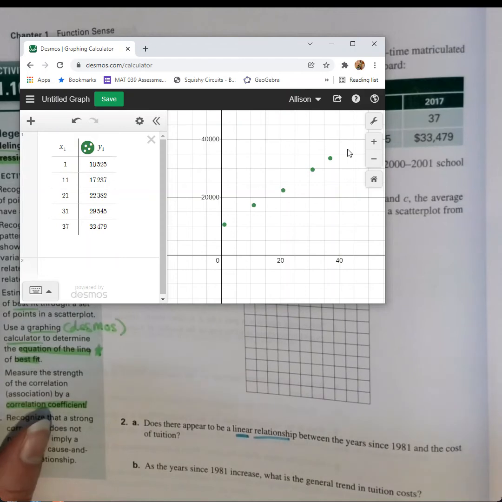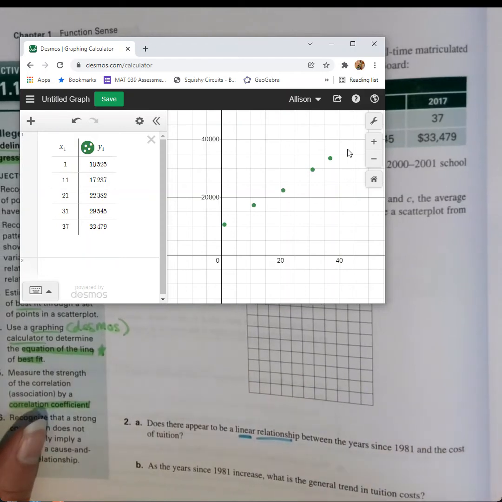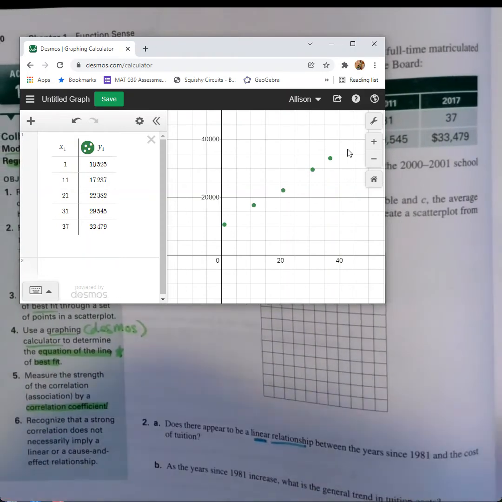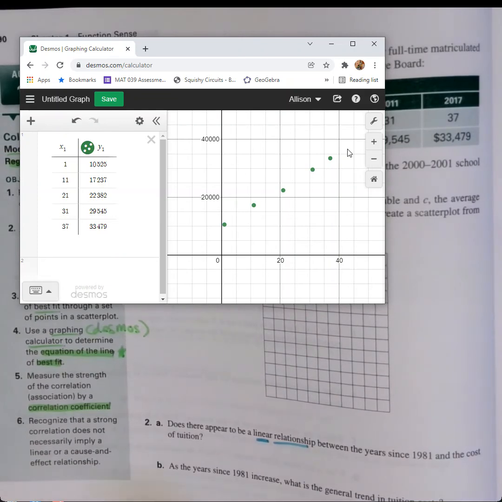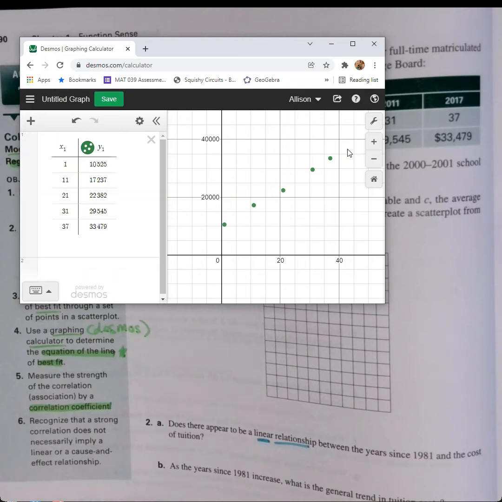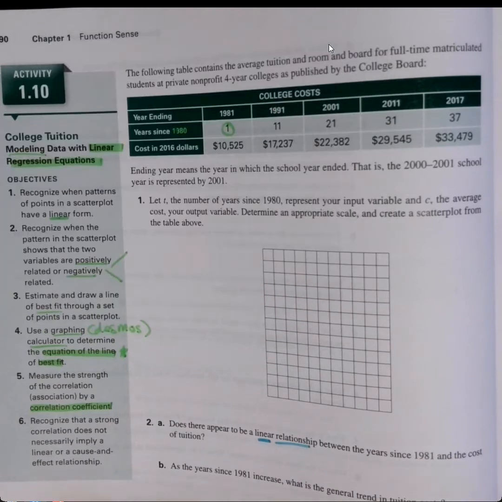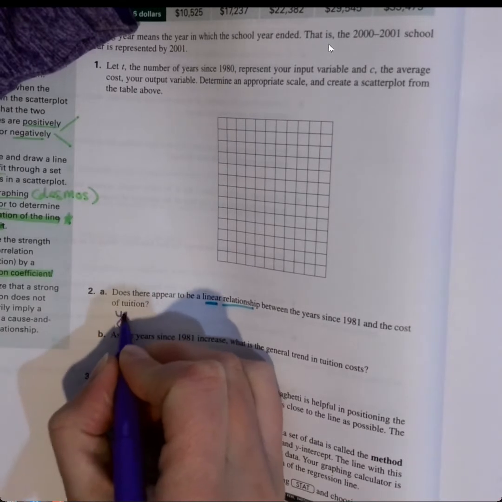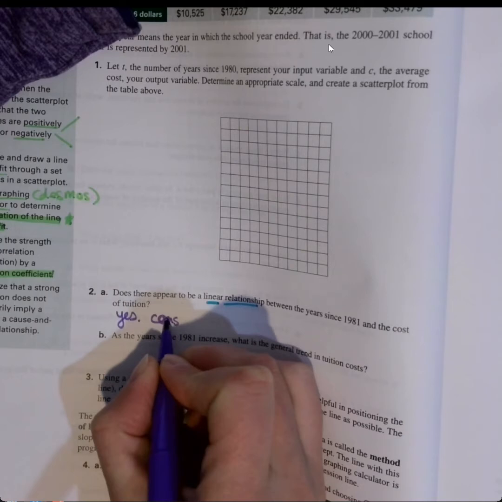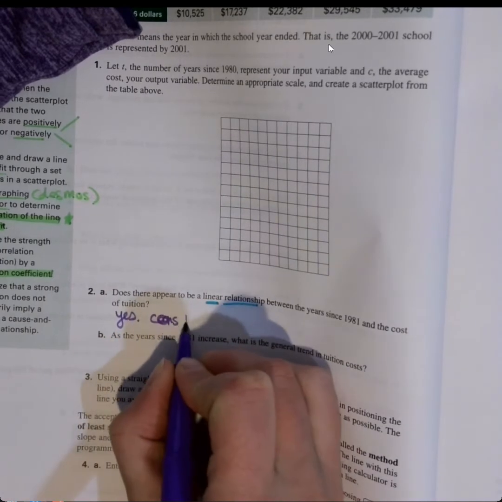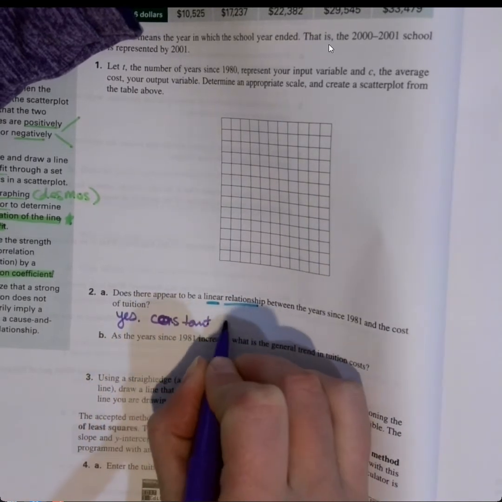So that's going to be why I answer yes. Yes, a straight line is going to fit those dots well. They look like a linear pattern. They have a constant rate of change. They look like a straight line would connect them well. So we're going to make ourselves that note down here. Yes, because there is a constant rate of change.